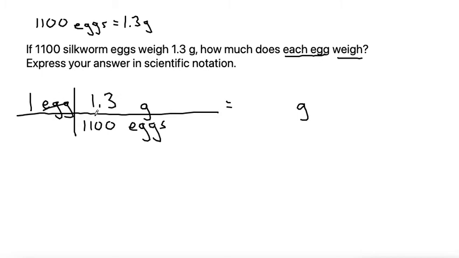So the egg on top cancels with the unit of egg on bottom, and then we multiply by the numbers on top, divide by the numbers on bottom.